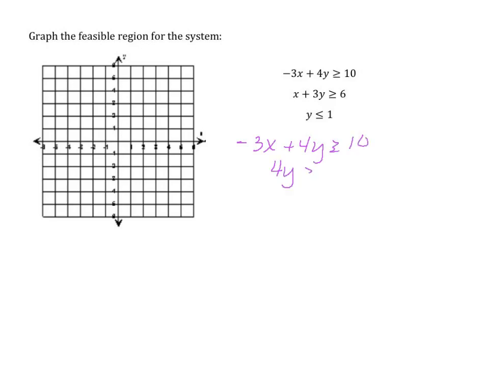So 4y is greater than or equal to 3x plus 10. Divide by 4. y is greater than or equal to 3/4 x plus 5/2. So 5/2 is 2.5. So when we go ahead, we'll go up 2.5, go down 3, 1, 2, and over 4.